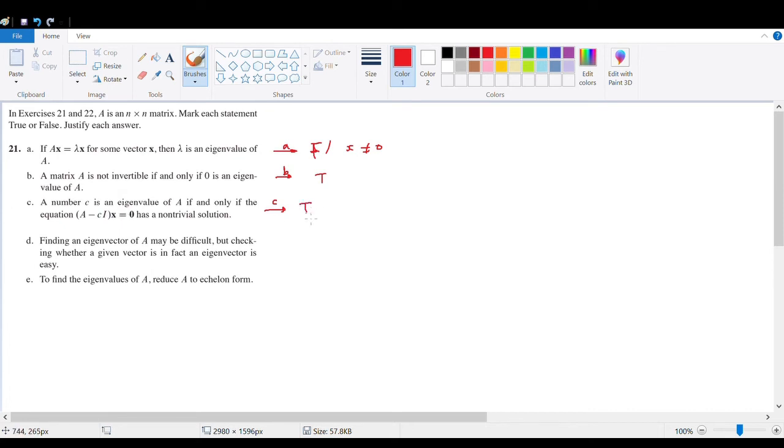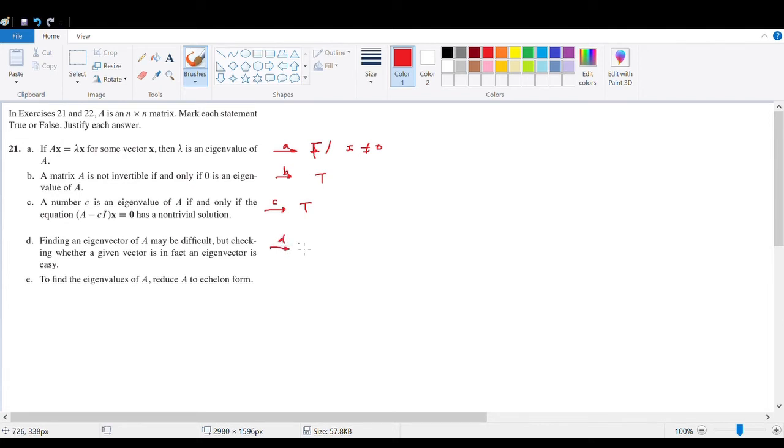so this one is true. D, finding an eigenvector of A may be difficult, but checking whether a given vector is in fact an eigenvector is easy. This one is true, because if we are given the vector V and the question is whether V is an eigenvector, we just need to multiply A by the vector and check if we can rewrite it as lambda V. But if we are asked to find the eigenvector, it will take a long time because we need to do some row operations for the matrix.